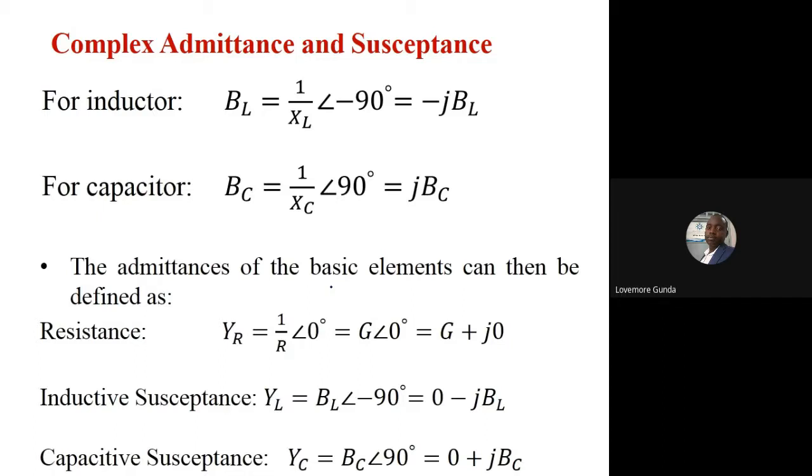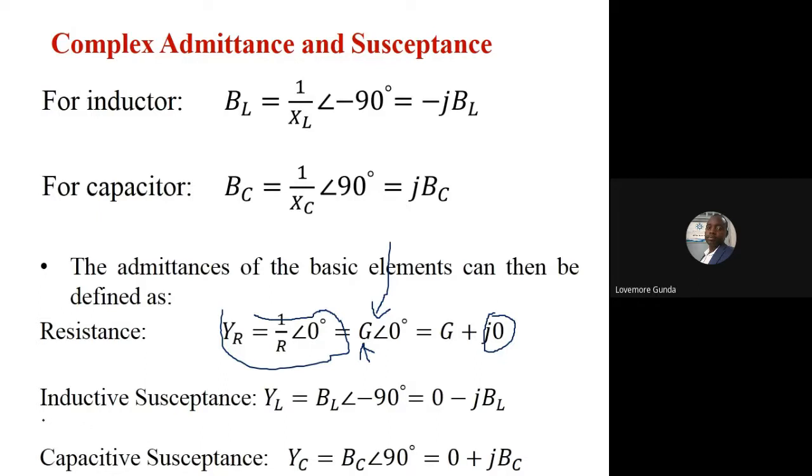So admittance is the inverse of resistance. So Y becomes equal to 1 over R, still at an angle of 0 degrees, which is equal to G. Remember, this becomes admittance, which was conductance in terms of our DC circuits. We are saying it's now admittance, right? That becomes G plus J0 because it doesn't have a complex component. Okay?